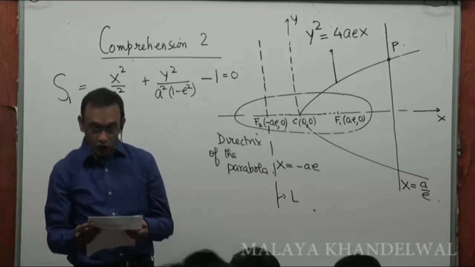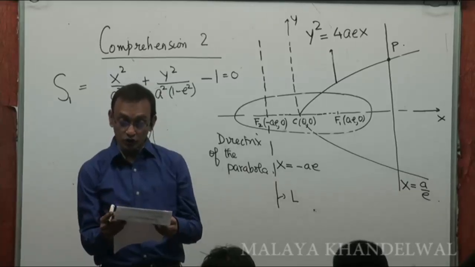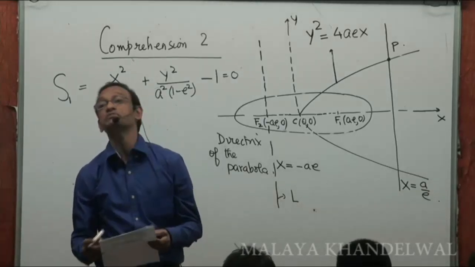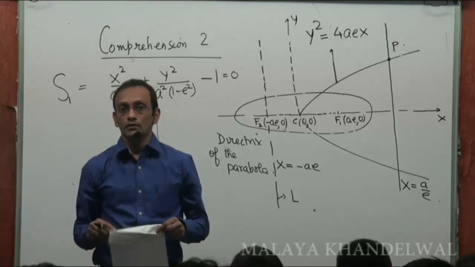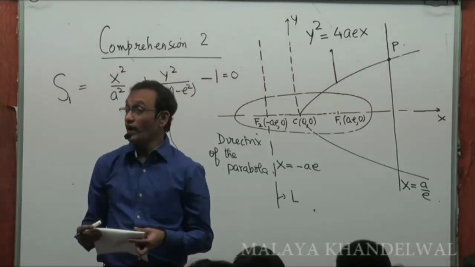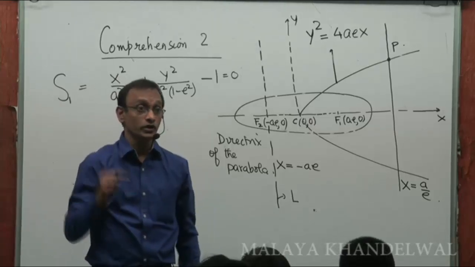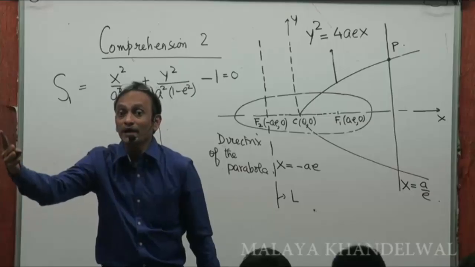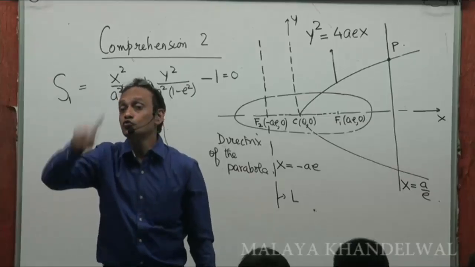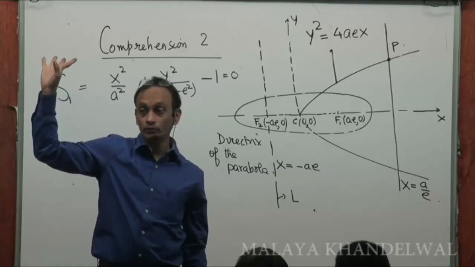Now, we want to find the ordinate of the point from which the pair of tangents drawn to both the parabola and the ellipse are separately at right angles. We want the y coordinate of the point from which the two tangents drawn to the parabola are perpendicular and the two tangents drawn to the ellipse are also perpendicular.